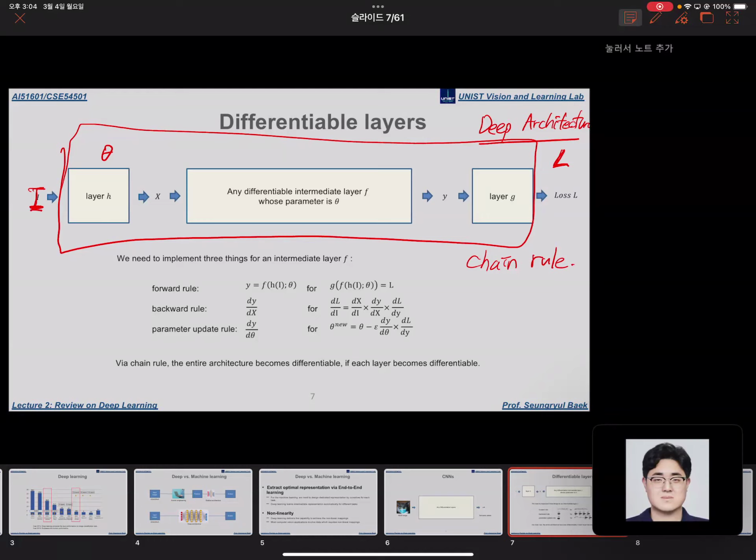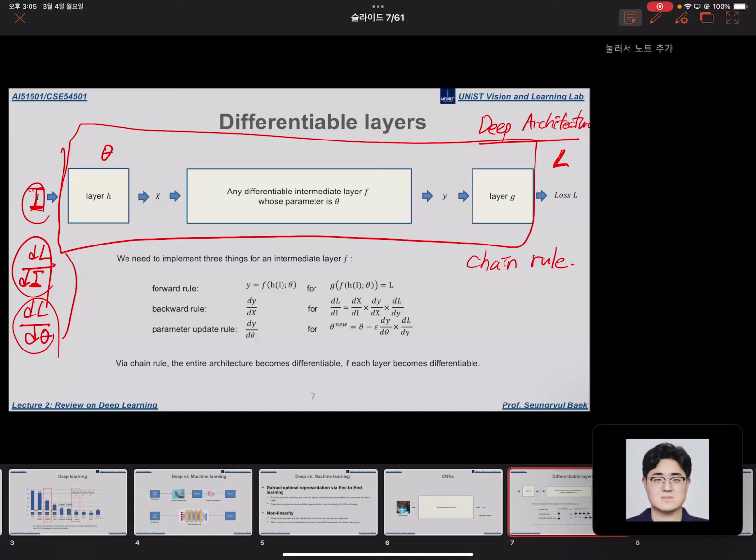If the entire architecture is differentiable, then we can get these two. The final output should be differentiable with respect to its initial input. This is the first thing. And the final output should be differentiable with respect to the intermediate parameters. That's the second thing.